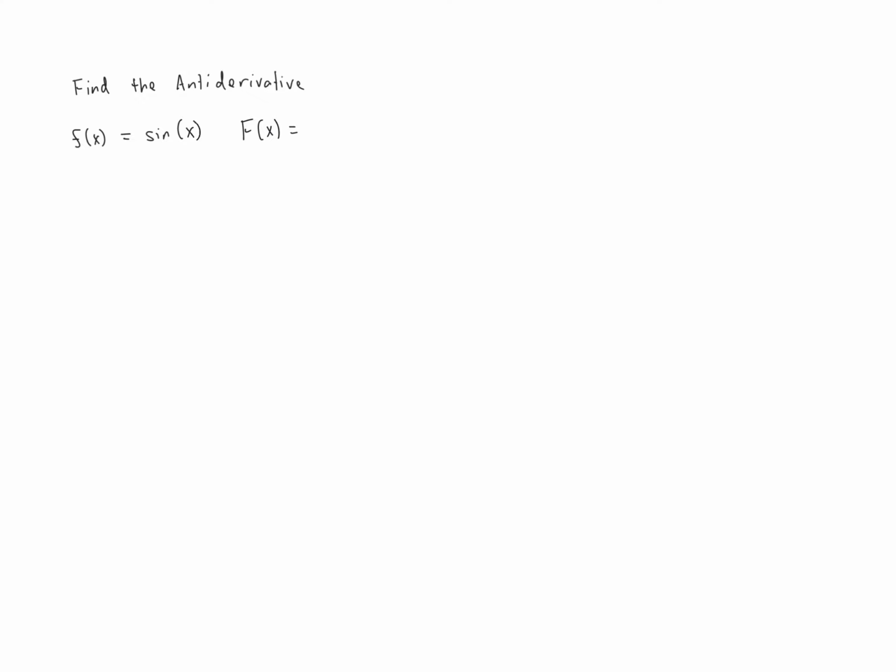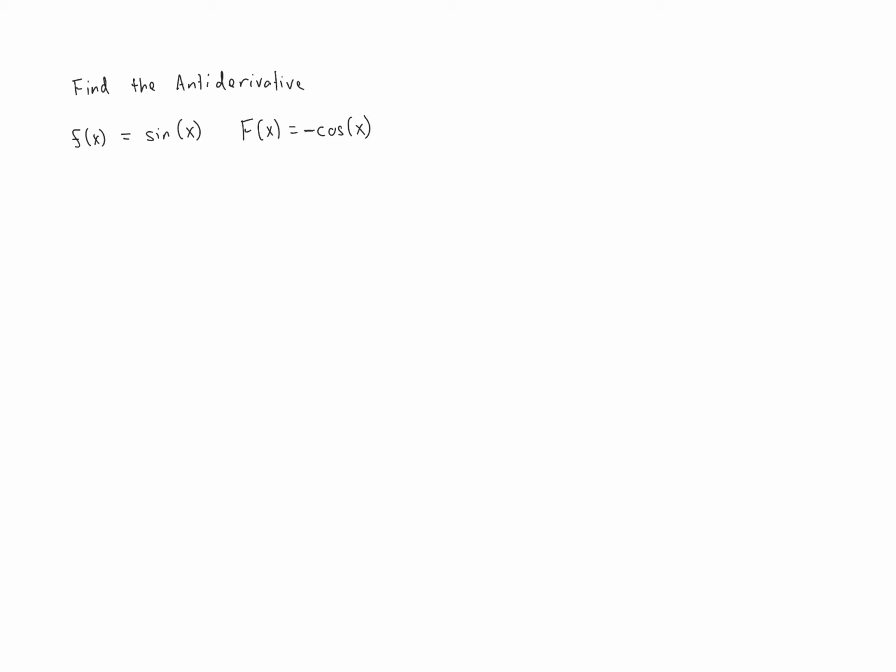We know the derivative of sine is cosine, but we want to go in the opposite direction. The derivative of cosine is negative sine, so that's almost there. But if it was cosine, the derivative would be negative sine, but we need it to be positive sine. So what we can do is take the opposite of this, and so the derivative of negative cosine is negative negative sine, but then that extra negative ends up making it positive.